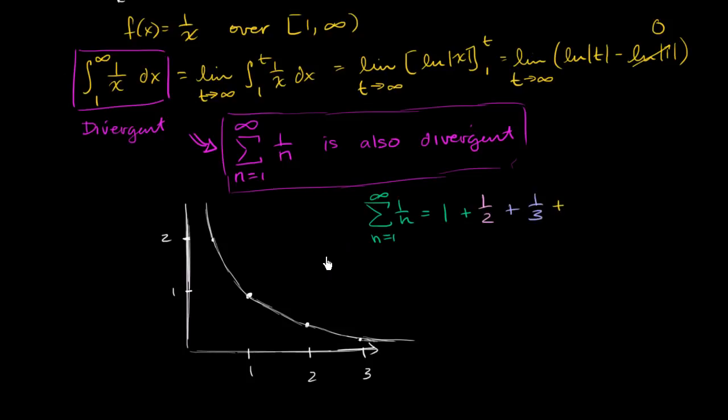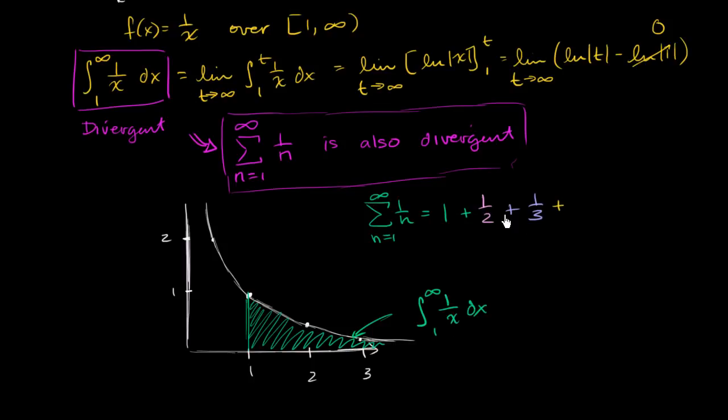In this case, since we want to show it's divergent, we could say, hey, look, this is an overestimate of this area here. Let me be clear. We have this area in green, which is what the improper integral is denoting. So that right over there is the improper integral from 1 to infinity of 1 over x dx.